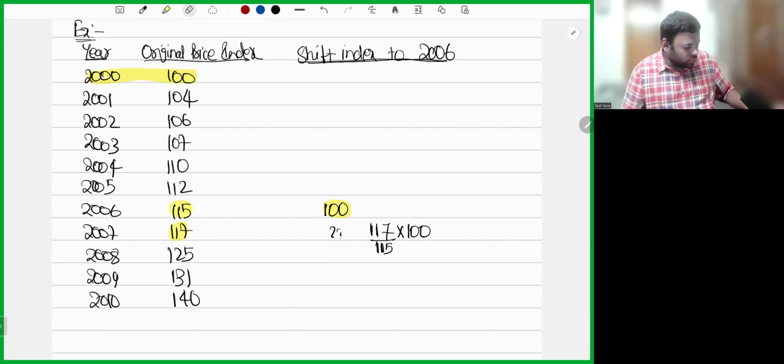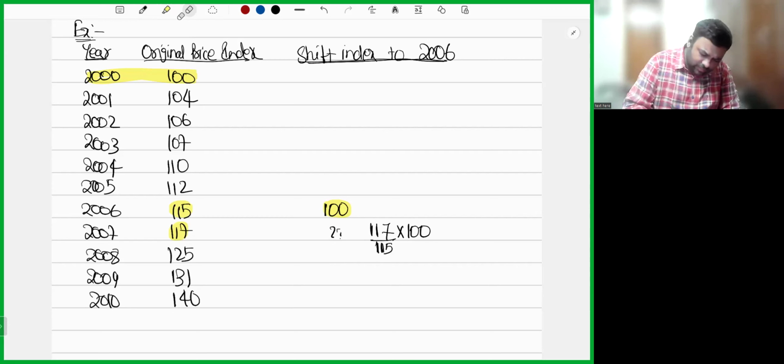117 into 100 divided by 115. There is one formula given in your ICA material. You need not remember that. So it will become 101.73. See here, one more case. For 115, it is 100.